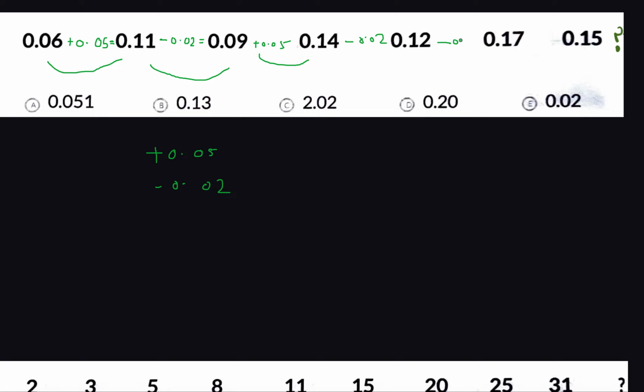Same here, add 0.05 and subtract 0.02. So the next number ideally would be an addition of 0.05. That should give you 0.20 or just 0.2, right? So that gives me answer D as the right answer in this case.